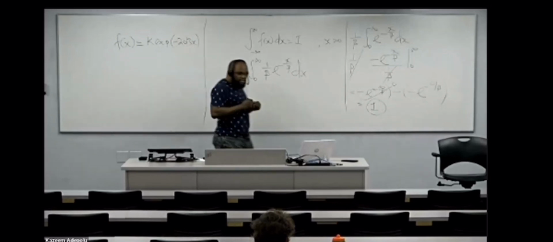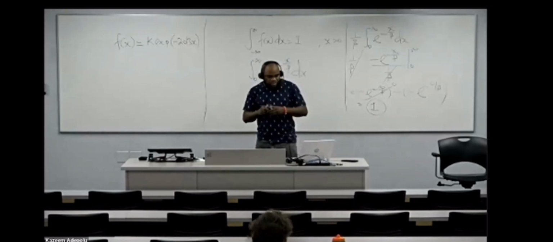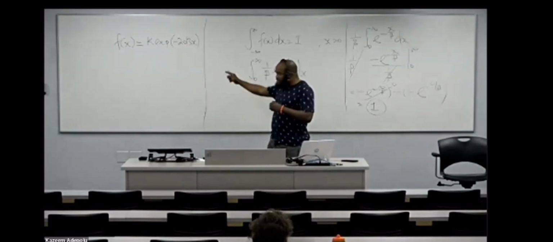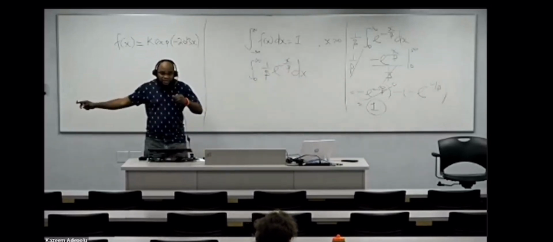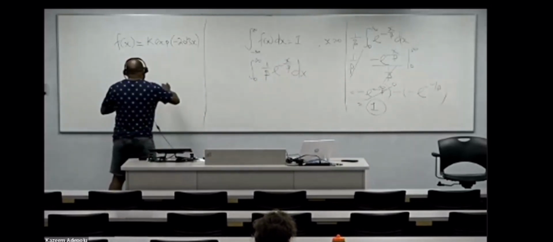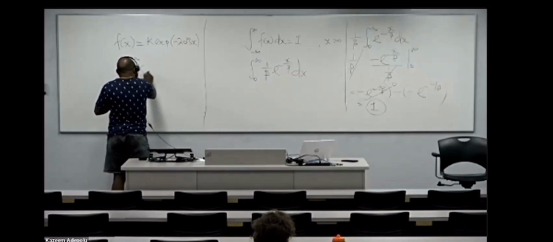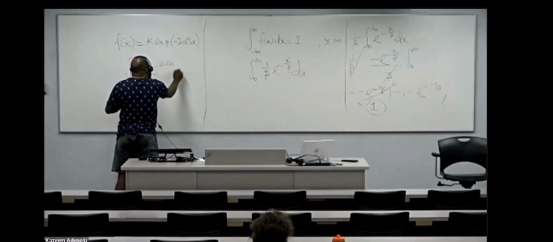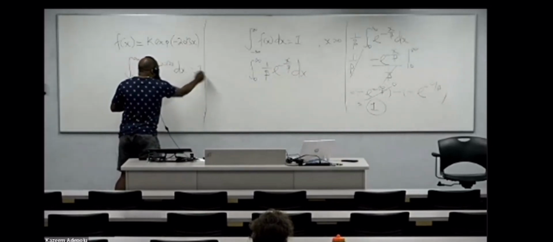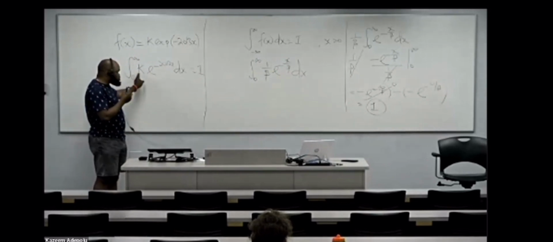They said, find the values of k for which this is a legitimate PDF. So what I expect you to do here is integrate from 0 to infinity k times e raised to power this, ds, equal to 1. Then I integrate this and solve for k.